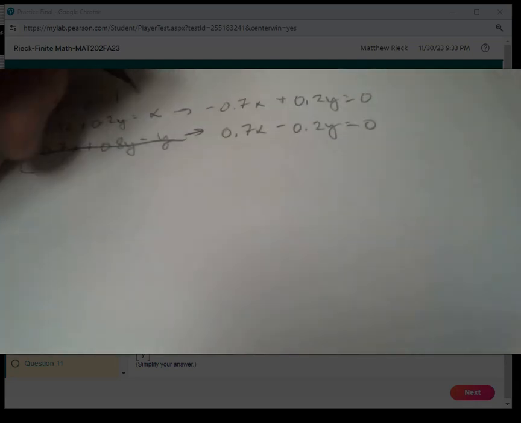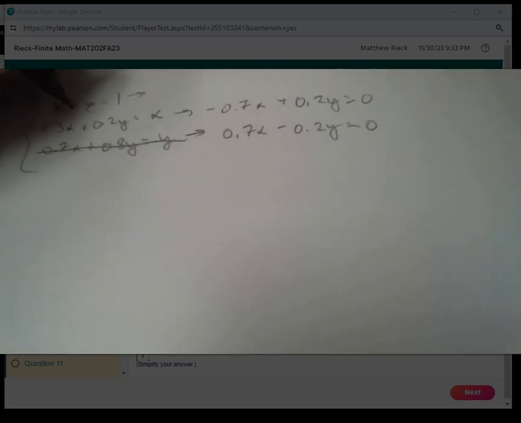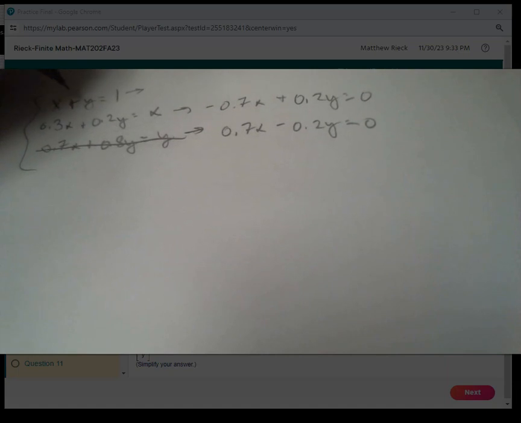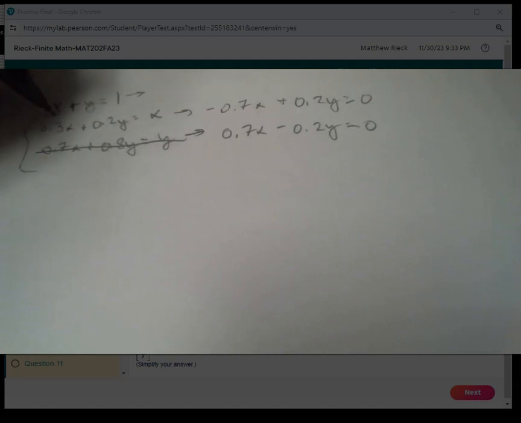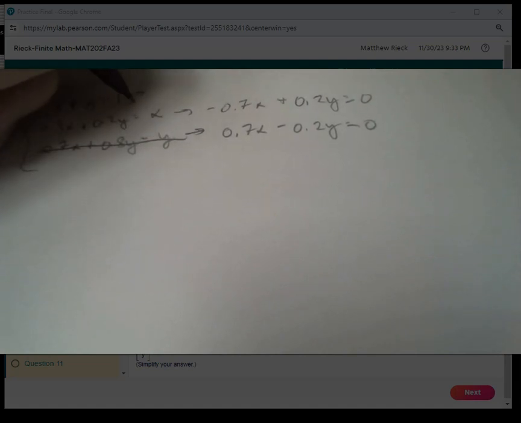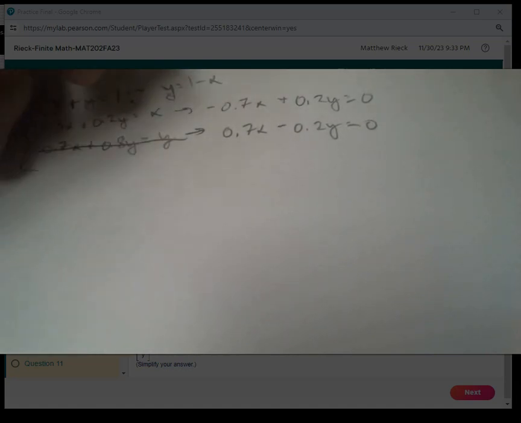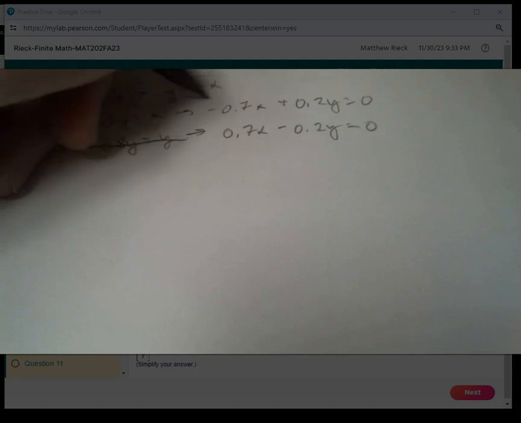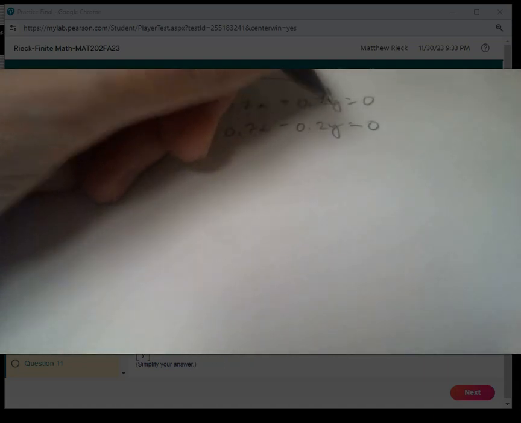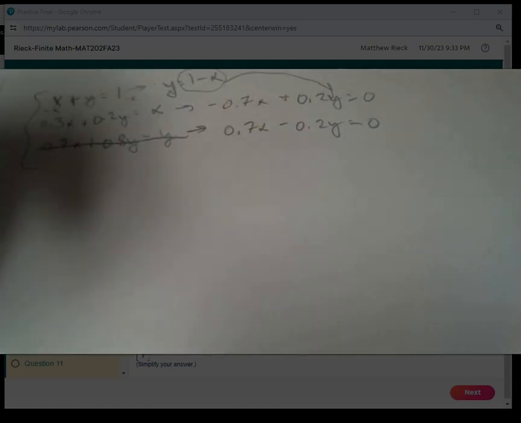To solve this, we can just use substitution. So we can solve for either x or y. I'm going to solve for y in terms of x, so we subtract an x from each side. So we have y equals 1 minus x. And then you can plug in this 1 minus x for y in your equation.